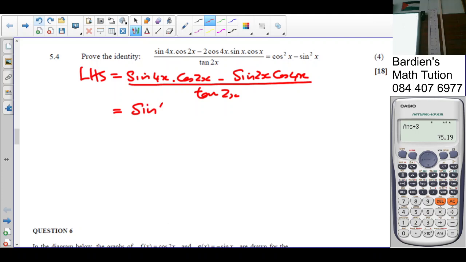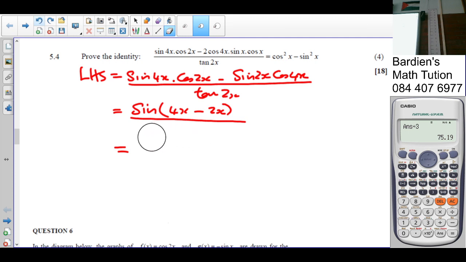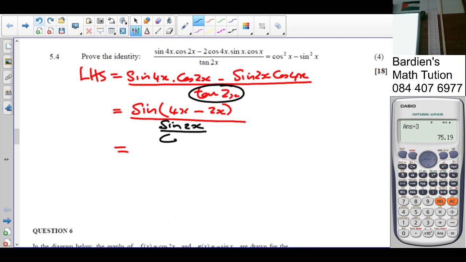So it's going to be sine of alpha, which is 4x, minus your beta, which is 2x, and this is all over tan of 2x. But tan of 2x, tan is the same as sine over cos. So in other words, tan 2x can be written as sine 2x over cos 2x. This line here means divide.